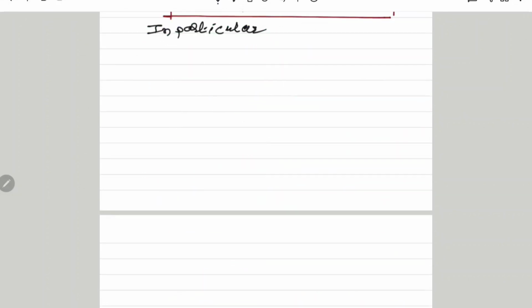In particular, we have the value of mu 0 is equal to mu 0 dash, and its value is equal to 1. That is the first result. Then next, mu 1, moment about mean, is 1 by n.